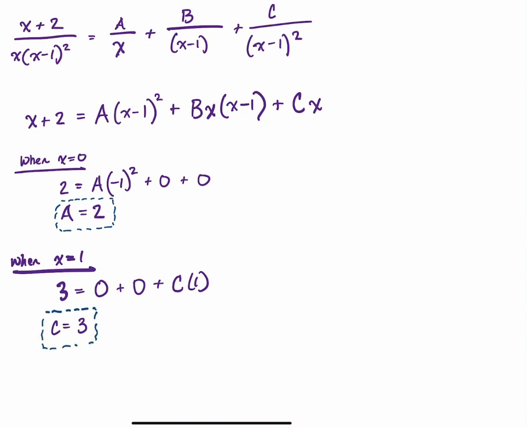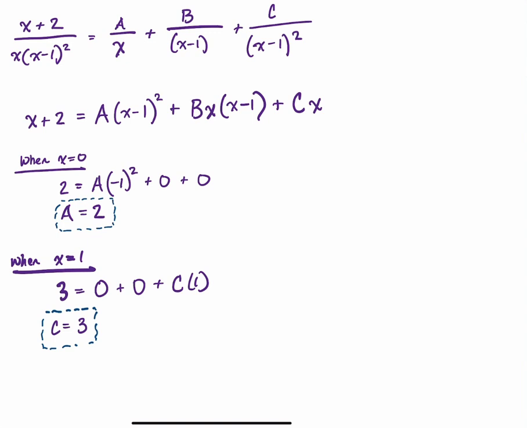So we have a and we have c, and we need to find b. We don't have a nice number that we can plug in that will cancel both a and c and leave b. However, since we do know what a and c are equal to, we can plug that in and then just choose some other value of x.